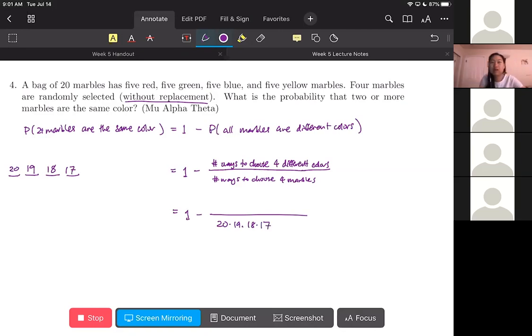And then the numerator, you're right. If we want to choose 4 different colors, for the first marble we can choose any of them, right? But for the second marble, if we want something that's a different color, there's only 15 that we could choose. Can you repeat what the top would be? Then 10, and then 5. Yeah.